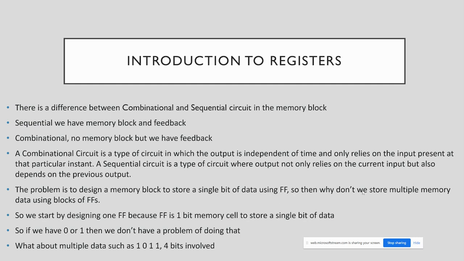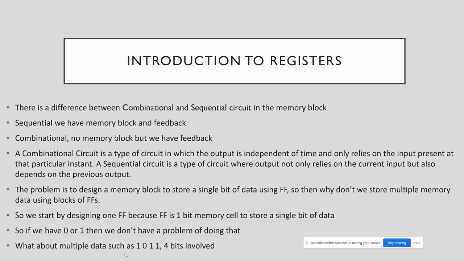Now, the problem is to design a memory block to store a single bit of data using a flip-flop. So why don't we store multiple data using blocks of flip-flops? Rather than one block with one data, we can use multiple flip-flops with multiple data. So we start by designing one flip-flop, because one flip-flop is a one-bit memory cell to store a single bit of data.